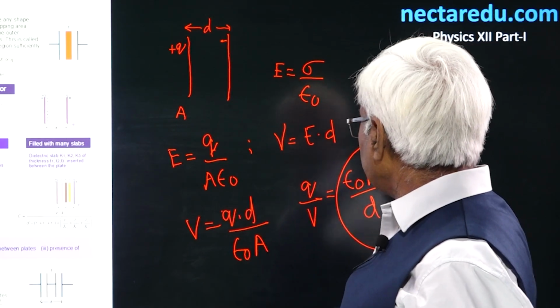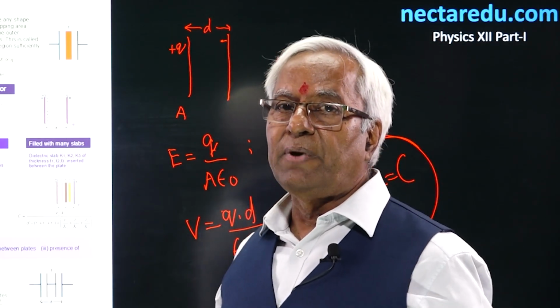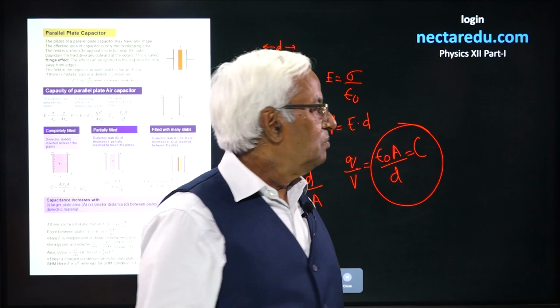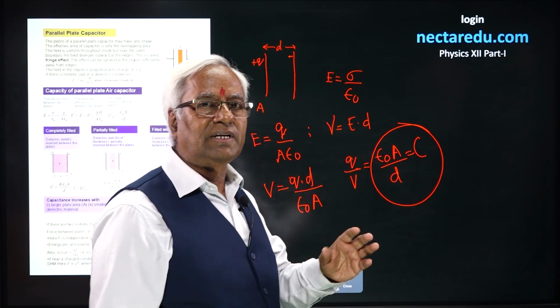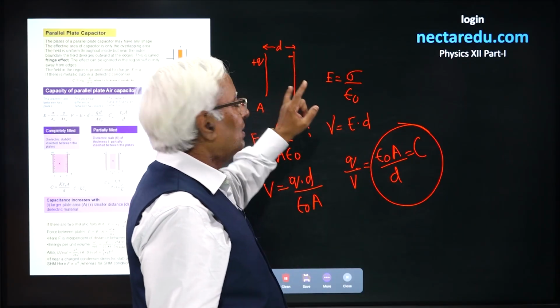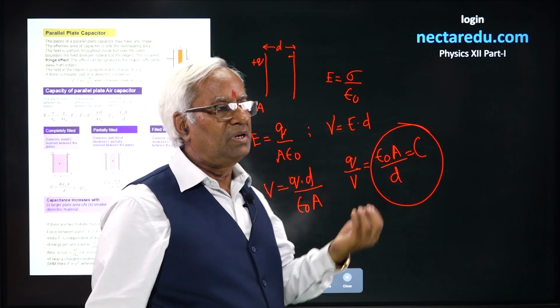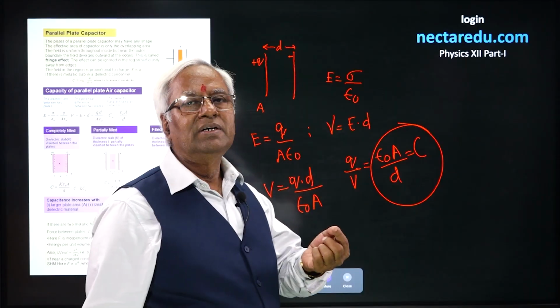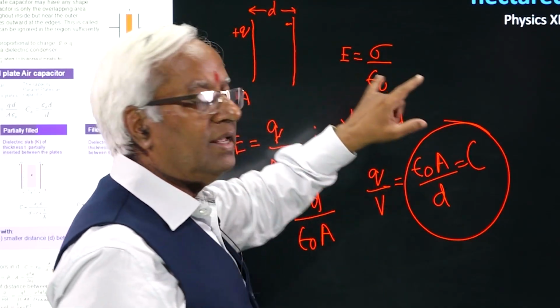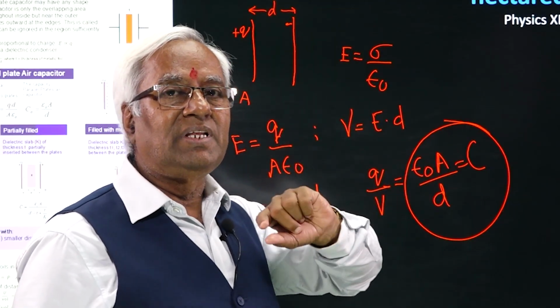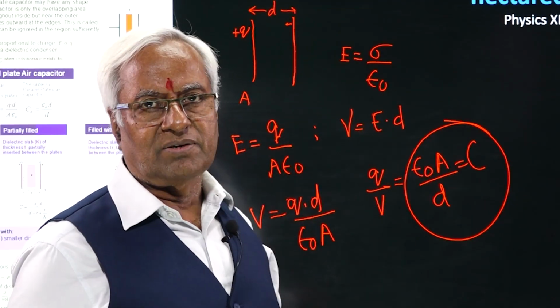That is the capacity for the parallel plate condenser. But here we have calculated the capacity without considering any medium. The medium is always obviously between two conductors. You can't have the choice of filling this with a conducting material. It should be some insulator.